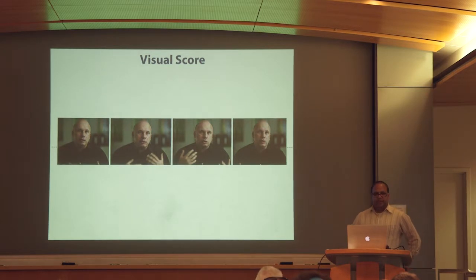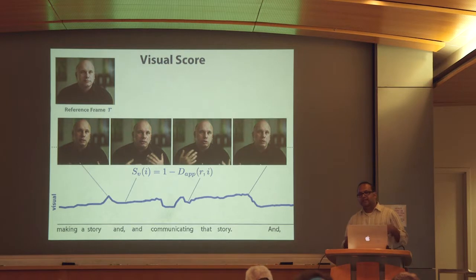We convert this appearance distance into a cut suitability score by comparing each frame of the raw footage to a reference frame where we know that this speaker is not gesturing and not speaking. So video producers often capture this kind of a reference frame at the beginning of the raw footage where the speaker is simply listening to an off-camera interviewer.